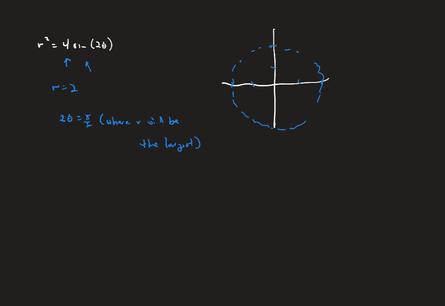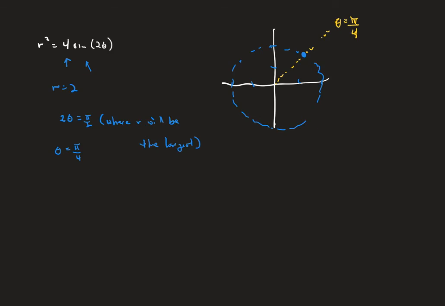And so when you divide, you're going to get theta equals pi over 4. So on the angle pi over 4, there's our angle pi over 4, we are going to have a point on our curve there. And basically from there, that's all we really need to know.